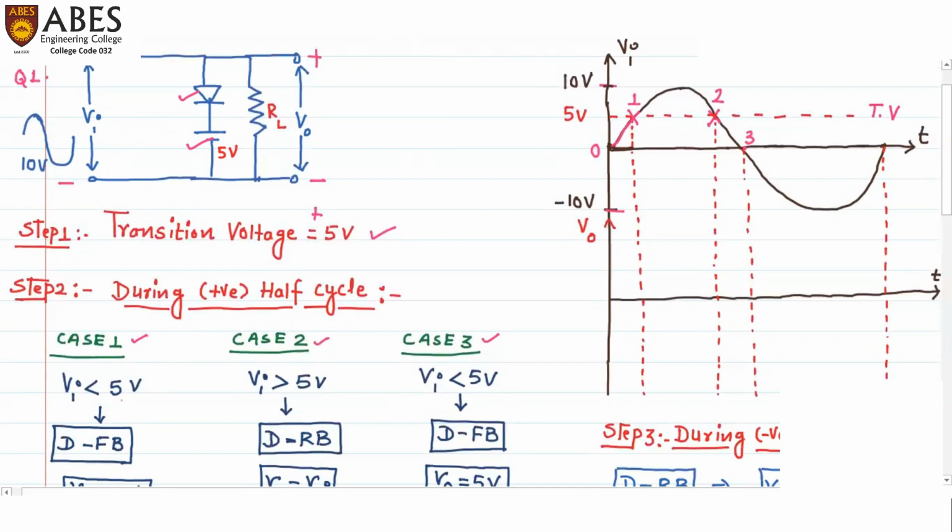In case number 1, you can see 5 volts is greater than Vi. That means this battery voltage is going to decide. You can see the positive terminal of the battery is connected to the negative terminal of the diode. Therefore, this battery voltage is going to turn off this diode.